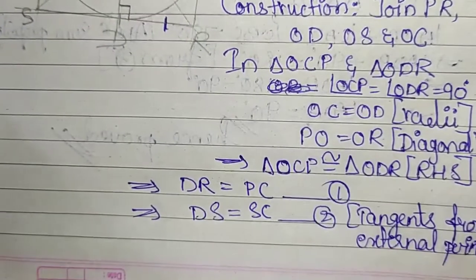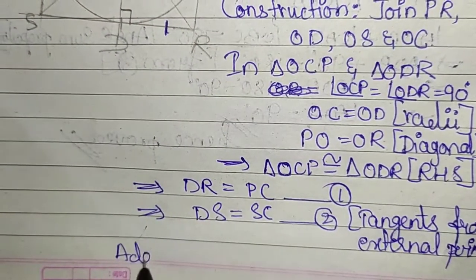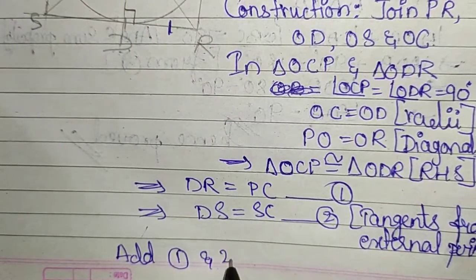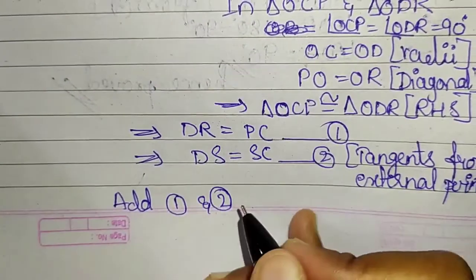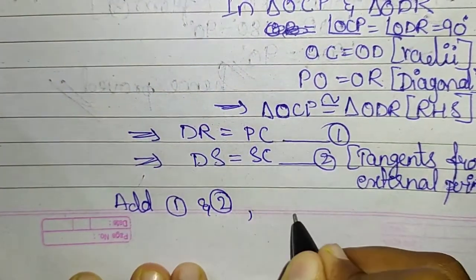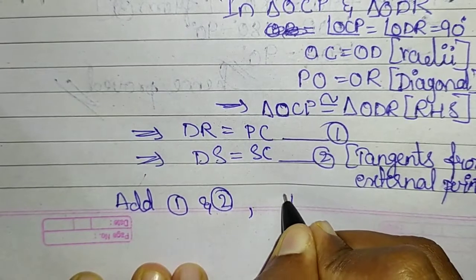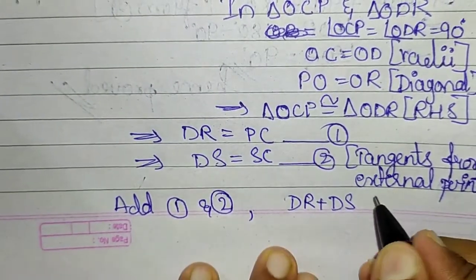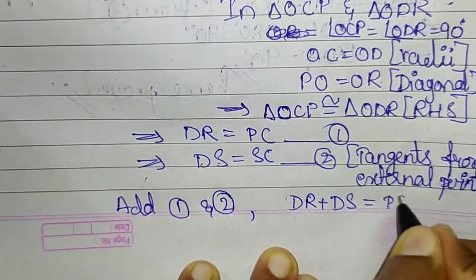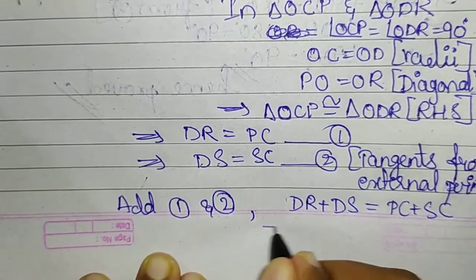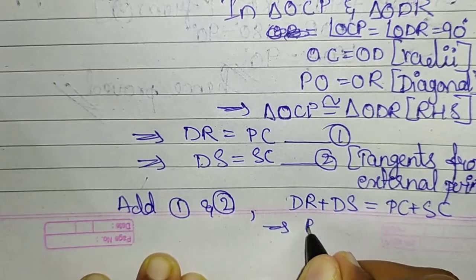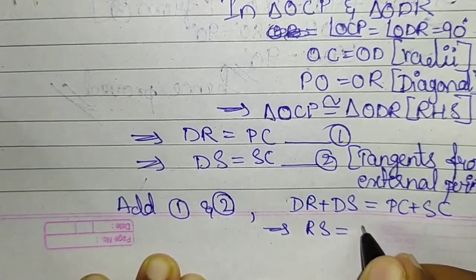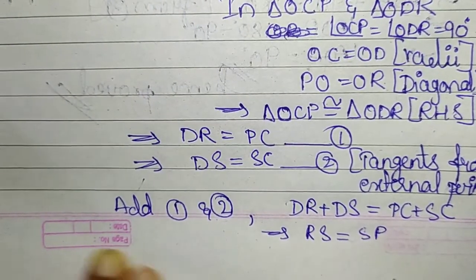Now add the first and second results. Adding both the equations, we get DR plus DS is equal to PC plus SC. So this implies RS is equal to SP.